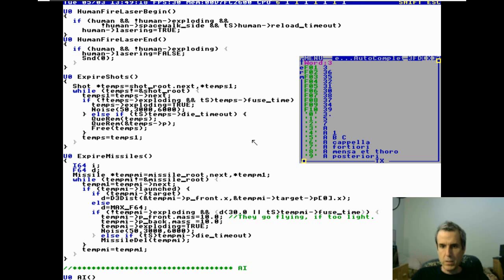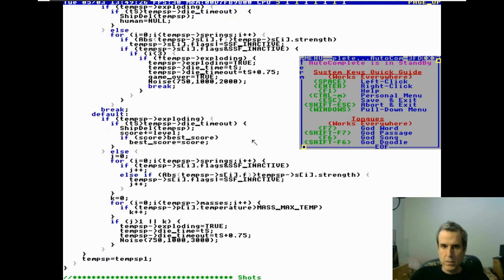How about it doesn't target after you launch?